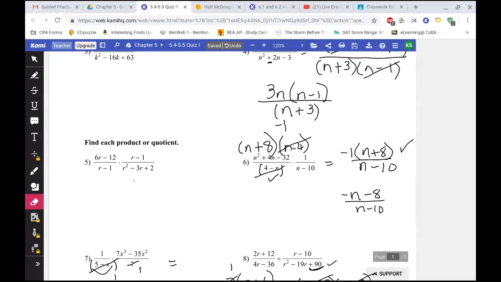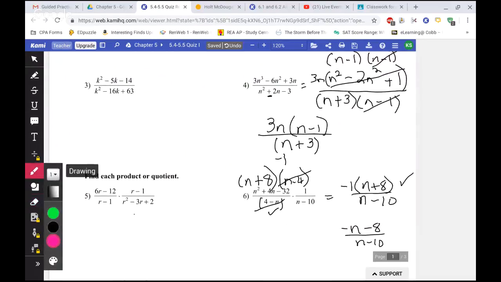This is factoring with a vengeance. Okay. This is multiplication. So really all we have to do is factor and see what we can cancel out. So on that top part, this factors as 6, and when you factor the 6 out of the 6r minus 12, that's going to be 6 times r minus 2.